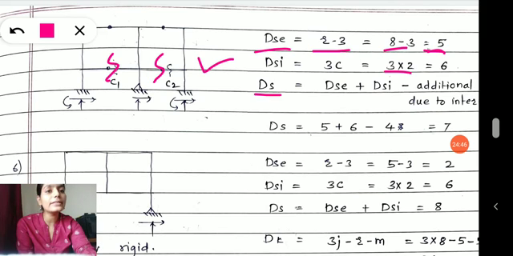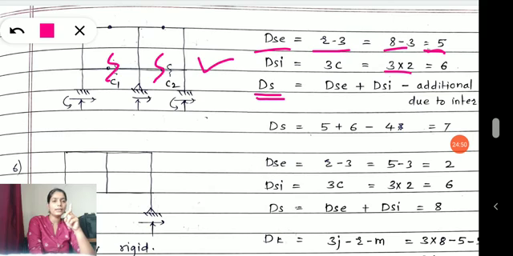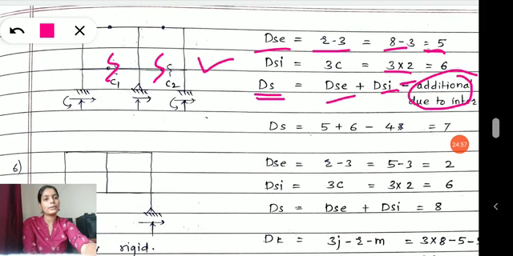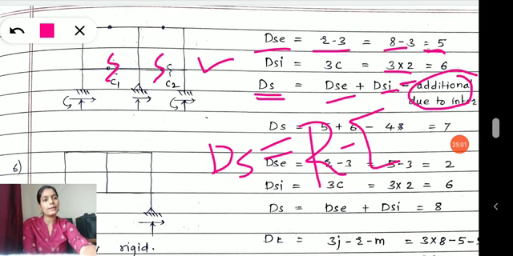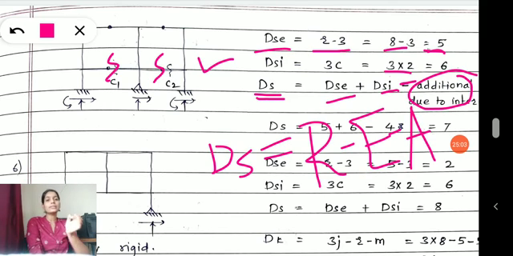Now DS value, look at here carefully, DS value becomes DSE plus DSI minus, important thing, because DS formula learned earlier is R minus E minus A. Additional equilibrium equations due to internal hinge, internal roller provided. So here we have two internal hinges, right?